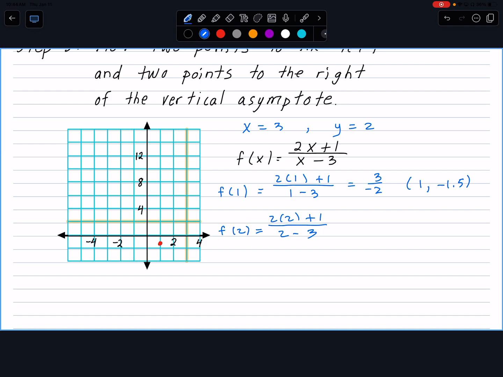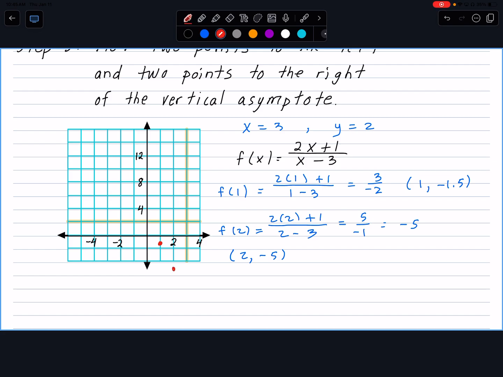The numerator, 4 plus 1, is 5. 2 minus 3 is negative 1. So it is negative 5. My graph is just not great, my coordinate grid. I'm going to plot the point 2, negative 5. Here's my origin. I go over 2 and down 5, so it's kind of right there. I'm a little bit off, but we can still see it.